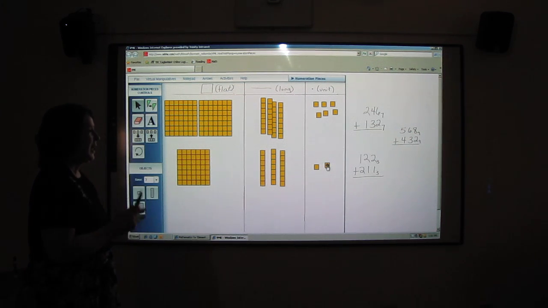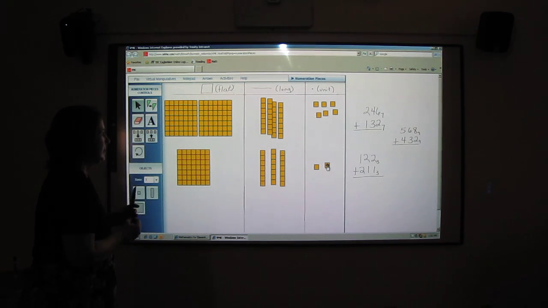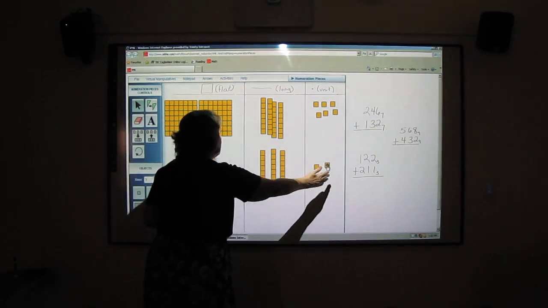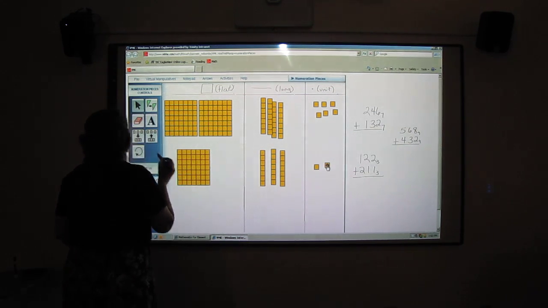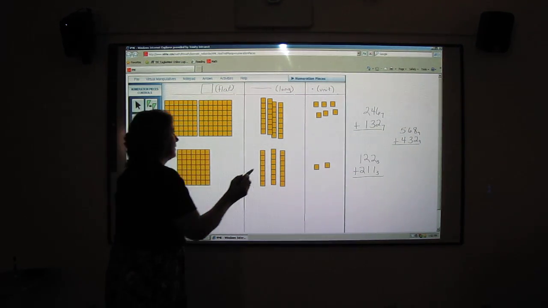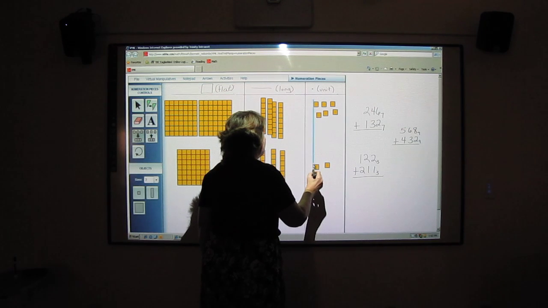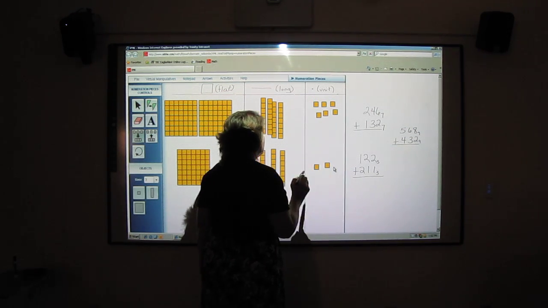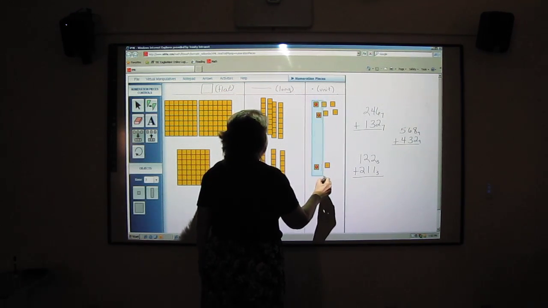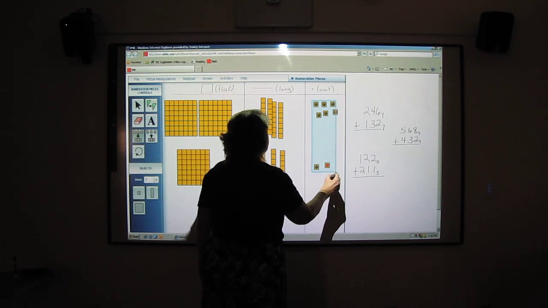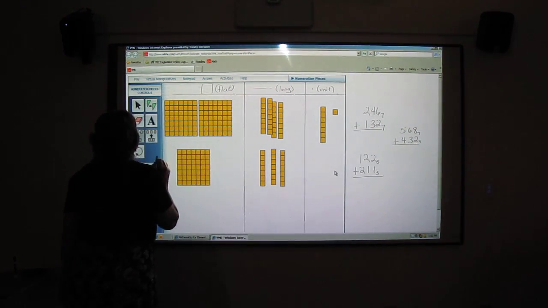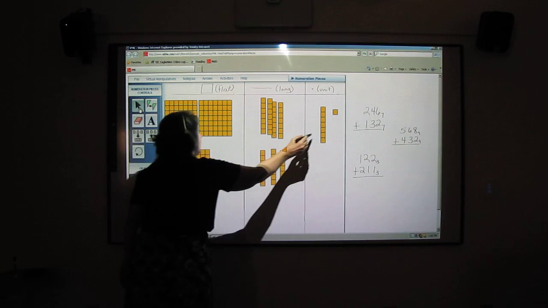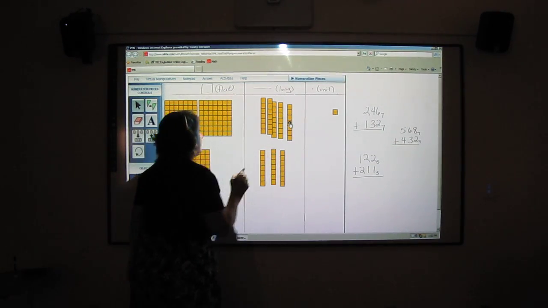It's not possible to have 8 in the units column because as soon as you get 7 or more, you have to trade them in and make them move over here. So let's combine them. Let's take 7 of these. All right, we take 7, traded them in, and move it over to this column.